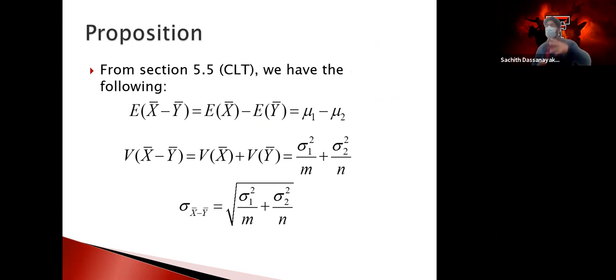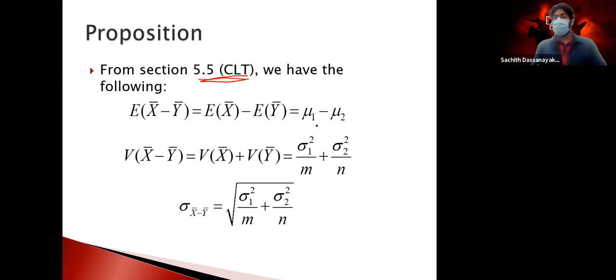The previous few slides I have summarized here using a proposition. We can easily get this proposition using the central limit theorem in chapter 5. The expected value of x bar minus y bar we can write like this. Since they are independent, you can take the expected value of each of them.